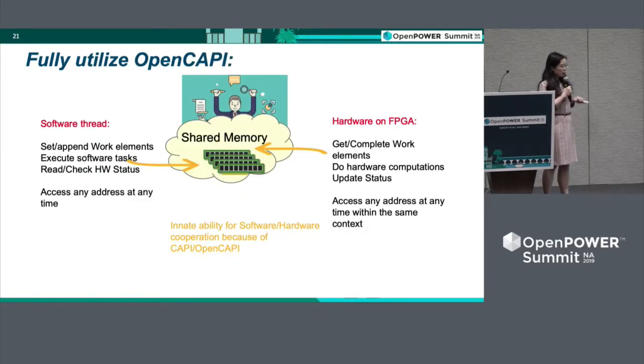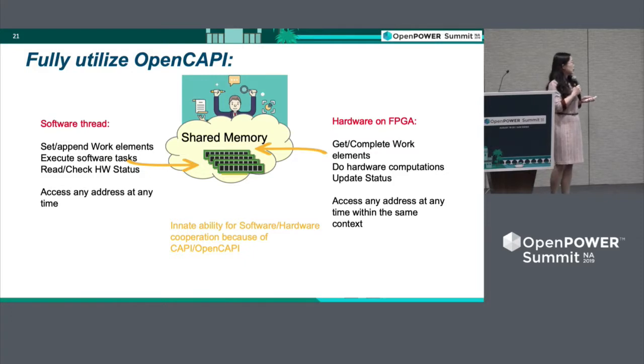Okay, so in the following pages, I will try to introduce some examples, especially for the developers, what we can consider to fully utilize this OpenCAPI Acceleration Framework. The main idea comes from CAPI 1.0, which has the idea of shared memory.